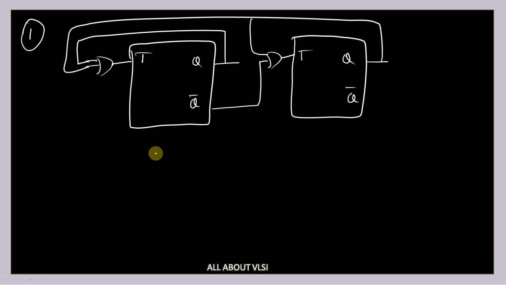Now, we have to find out what type of circuit it is, whether it is a mod 2 counter, a mod 3 counter, a sequence generator which generates 00100100, or a sequence generator which generates 0010001000 and so on. So you can take your time, pause the video, and answer this.